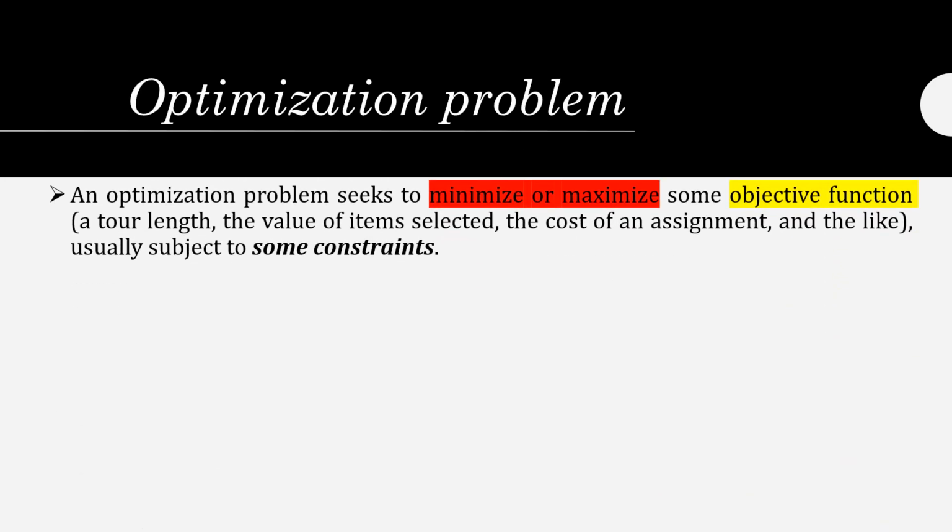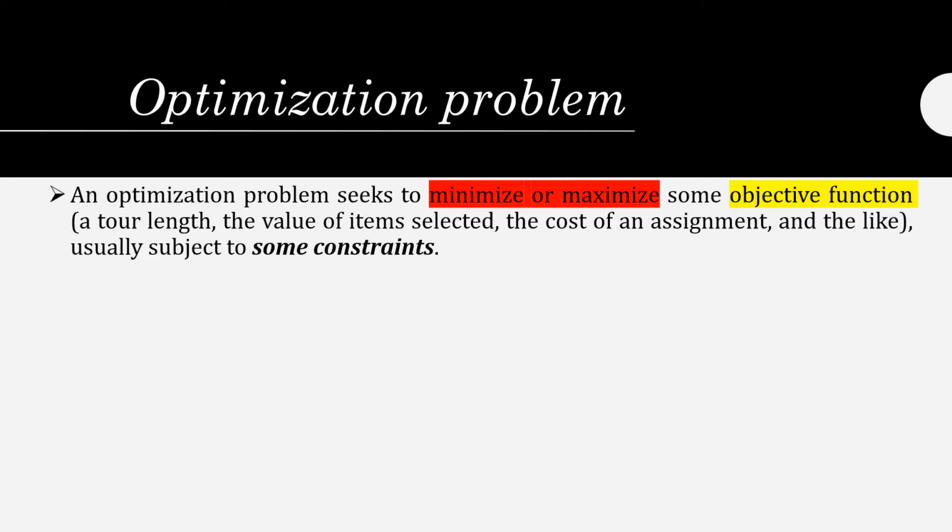Let us see what an optimization problem is. An optimization problem seeks to minimize or maximize some objective function, such as a tour length, the value of items selected, or the cost of an assignment, usually subject to some constraints. So some problems require a minimum result, some other problems require a maximum result, right?